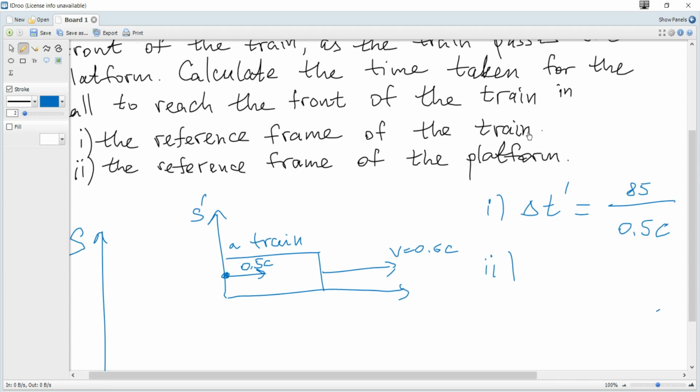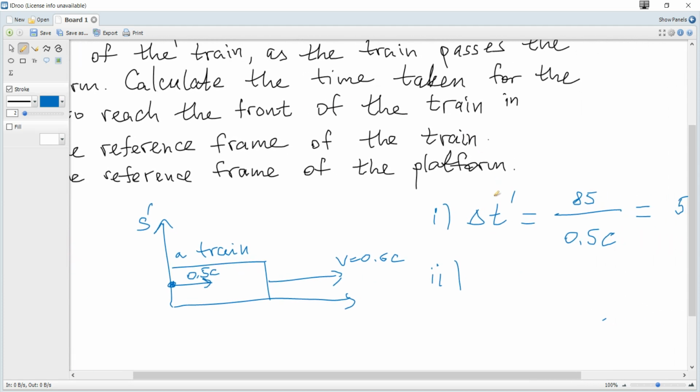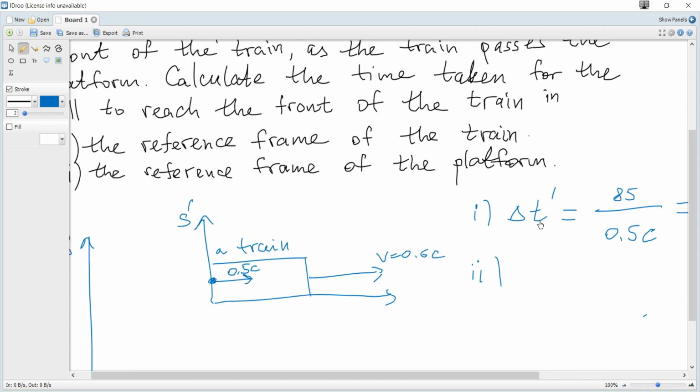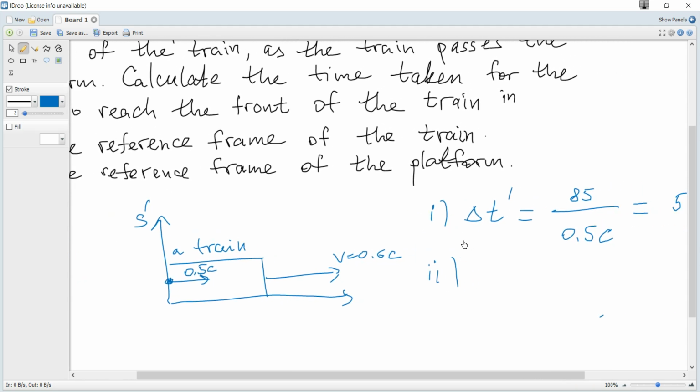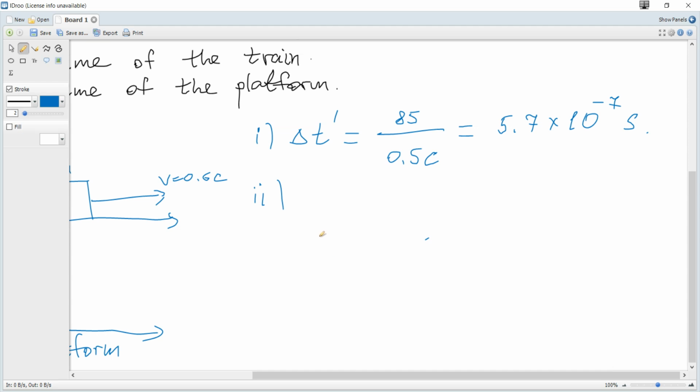Now the time taken for the ball to reach the front of the train in the reference frame of the platform. There are three methods to calculate this time relative to the platform, and the first is just to use a formula.